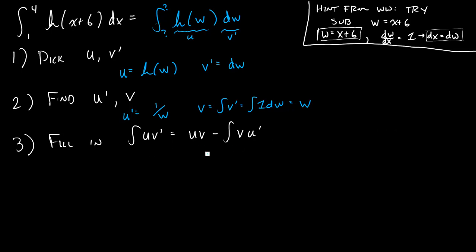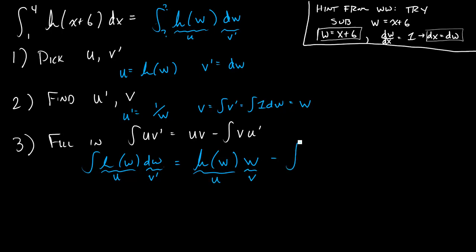So the integral of u v prime is going to be equal to the integral of ln of w dw. And that is u times v, so the ln of w times w, minus the integral of v, so just w, times u prime, 1 over w dw.